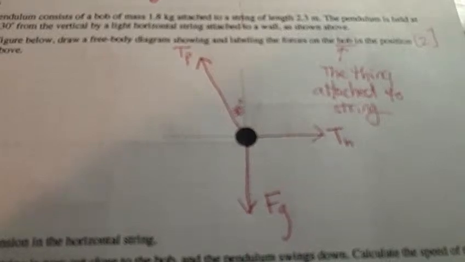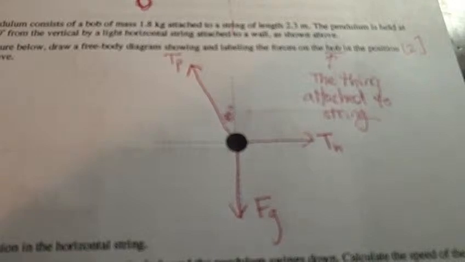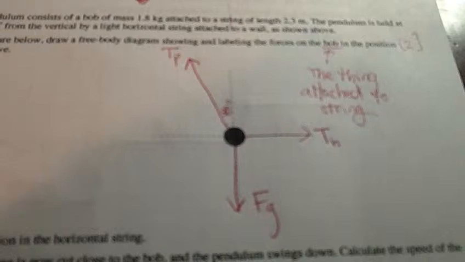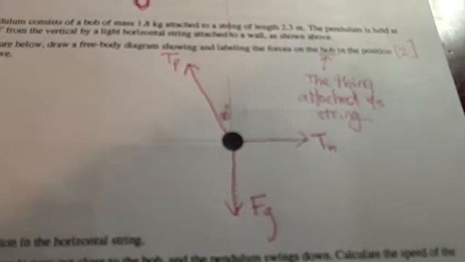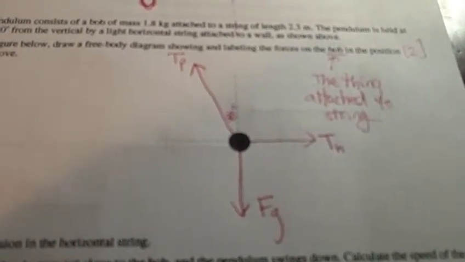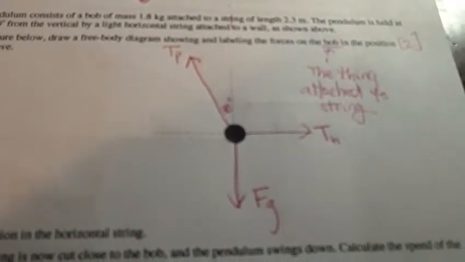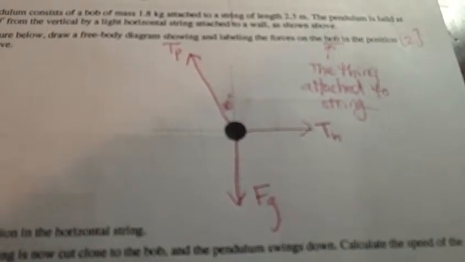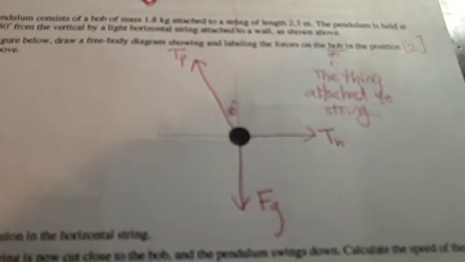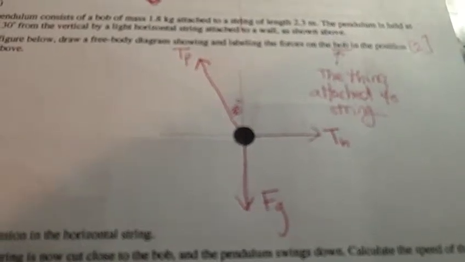If you are looking at your diagram and you realize you have additional forces that I haven't drawn in here, you need to subtract a point. Or if you did not label the angle, you also have to subtract a point. Okay, so there are 2 points total for the correct, and basically you're just losing points if you've drawn any forces in incorrectly.